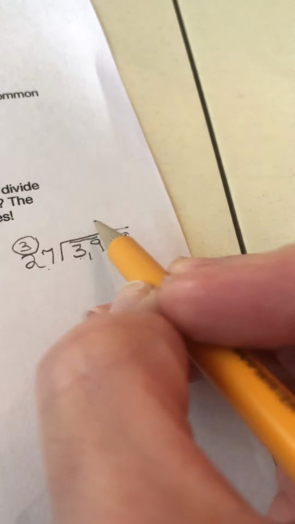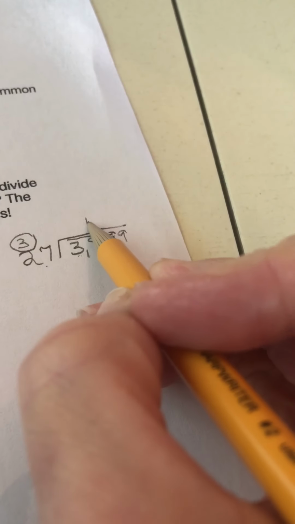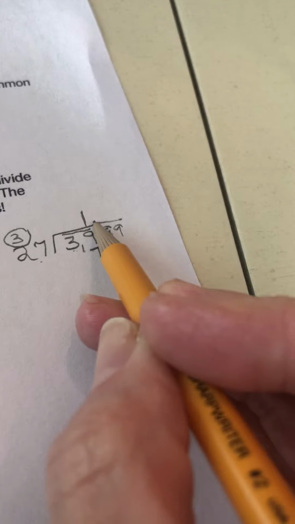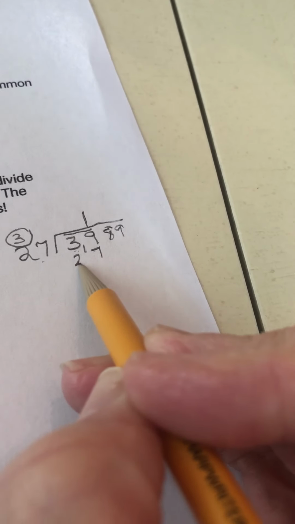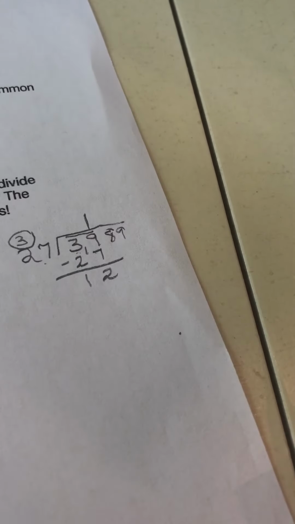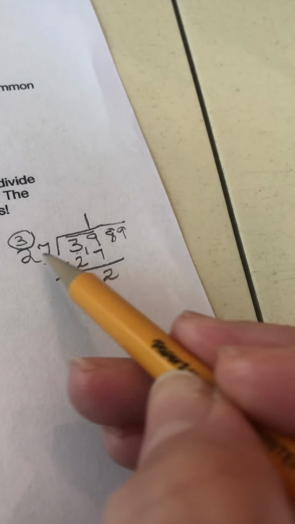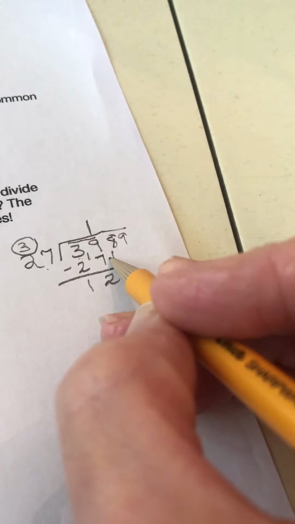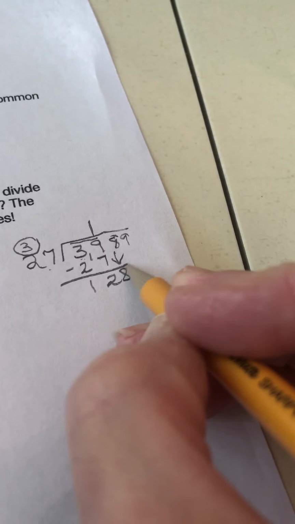So we're going to write that number 1 right here. 1 times 7 is 7, and 1 times 2 is 2. Okay, that's 12. This number is smaller than this number, so we're on the right track. Bring down your 8.